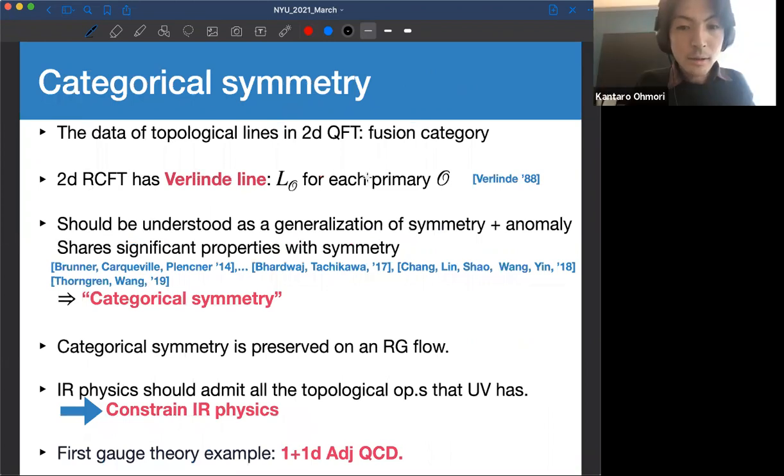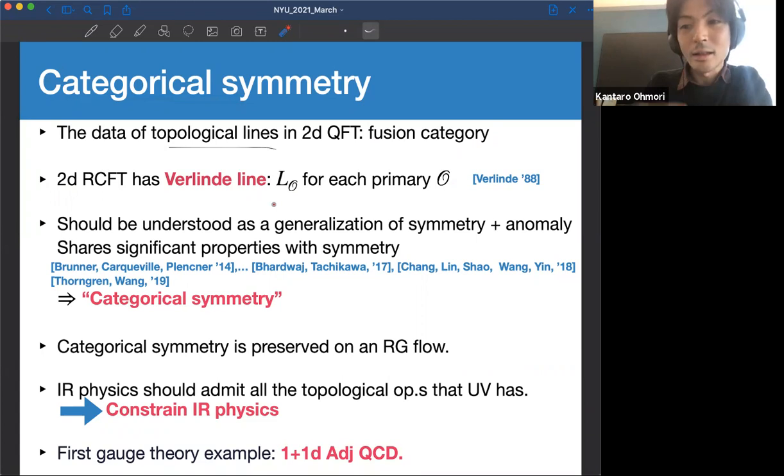So the data of the topological lines in 1+1 dimensional QFT is described by a fusion category, and Fuchs, Runkel and Schweigert found that in the RCFT, in particular diagonal rational conformal field theory, for each primary O there is a topological line L_O, and the fusion rule of L_O is the same as the fusion rule of the primary.